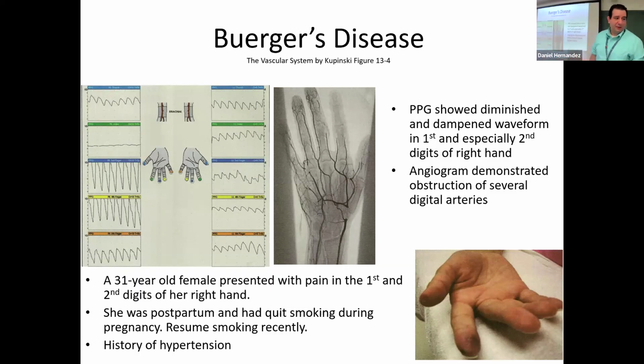So this was actually in a female, who presented with pain in the first and second digits of her right hand. So you can also compare, there's much more blood flow in the third, fourth, and fifth digits than in the first and second. So second, definitely. The angiogram too for the thumb, there's diminished contrast also getting into that thumb as well.